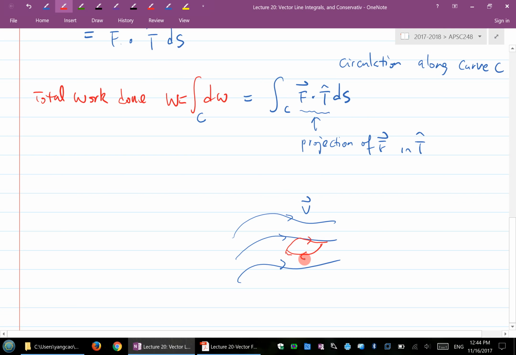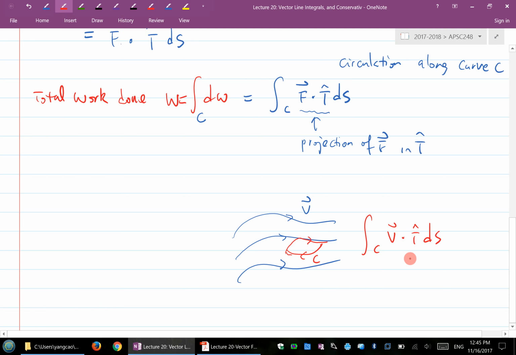So if I apply the same formula, change the force field to the velocity field, and this is your curve C. Now you can imagine what the meaning is. You're calculating the circulation of this velocity field along this curve C here, which could be a profile.